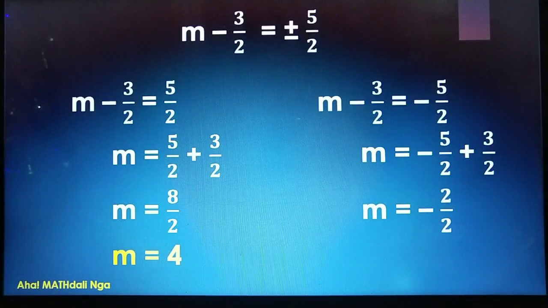We have m is equal to negative 2 over 2, and negative 2 over 2 is negative 1. Let's check if these values of m, positive 4 and negative 1, are the solutions of the given quadratic equation. Let's do checking.